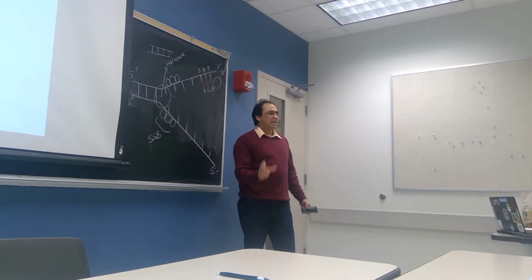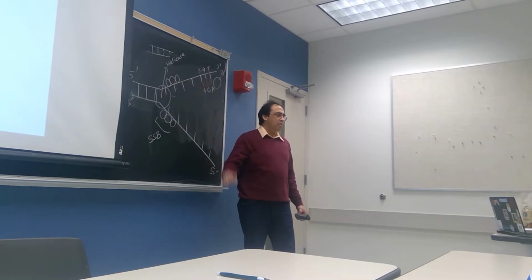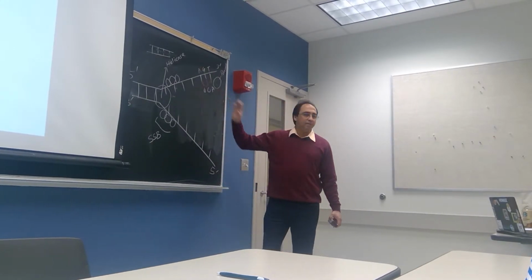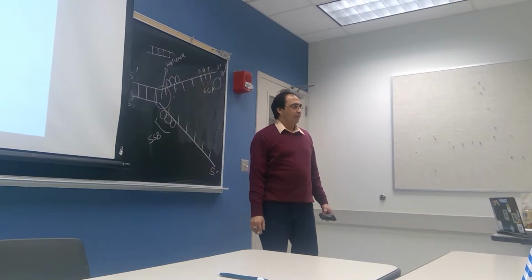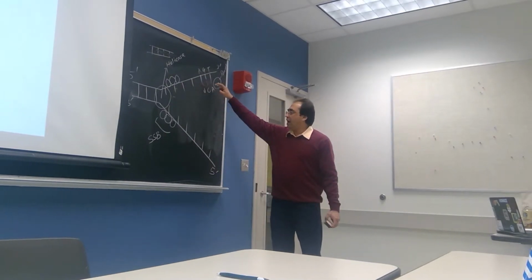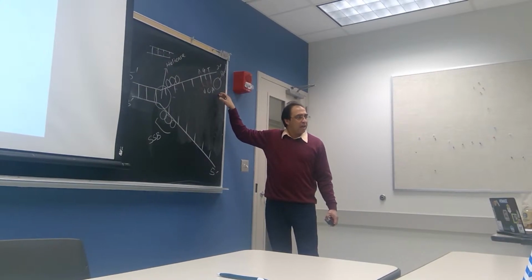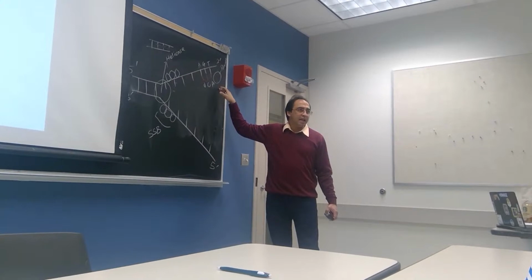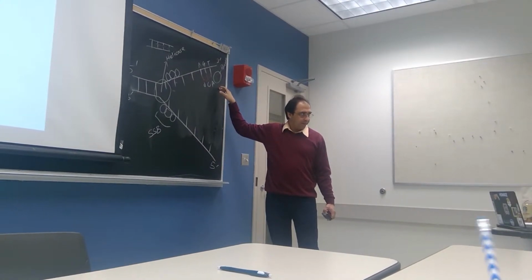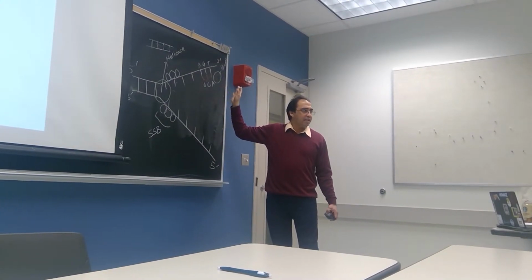Just 10, 12 nucleotides is enough. So the short primer is formed and then the function of primase is done. This is called the RNA primer, created by an RNA polymerase. The enzyme is called primase.